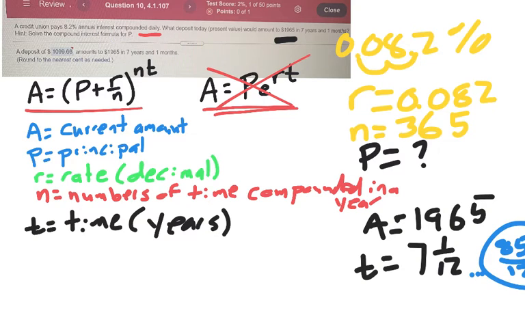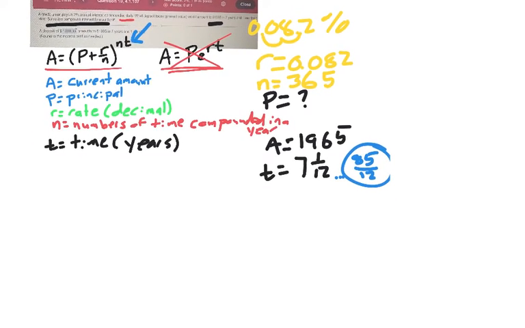Now we're going to plug all of those values in. So one thing that they recommend here, they tell you solve the compound interest formula for P. So that means take this whole formula, and since we're looking for P, let's go ahead and get P by itself. So, okay, I've got all that information.